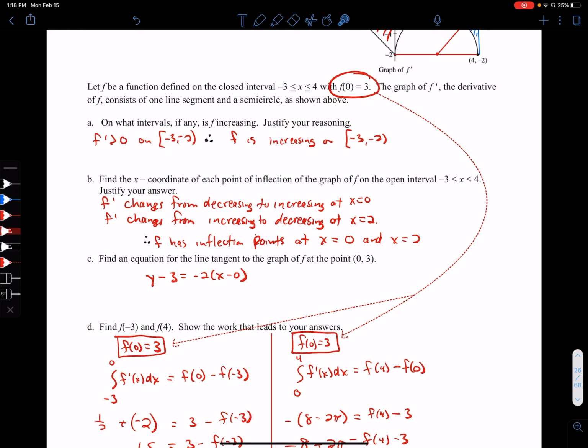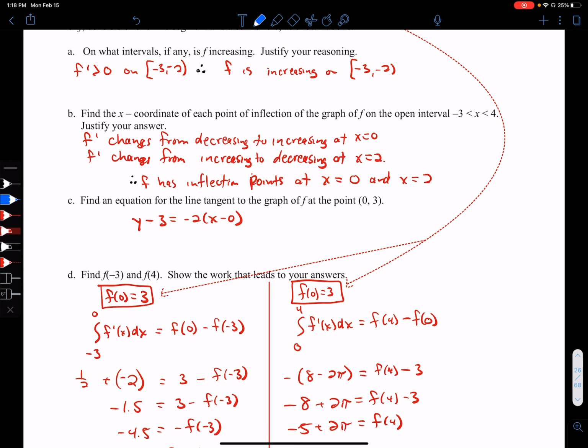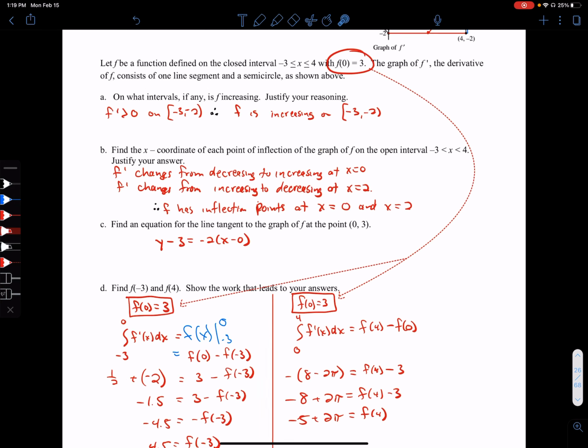The fundamental theorem of calculus, part 1, says if you integrate f prime, you're going to get the f function. If I wanted to add a little bit of work, I could say this is equal to f of x evaluated from -3 to 0. If you didn't want to write that, that would be fine.